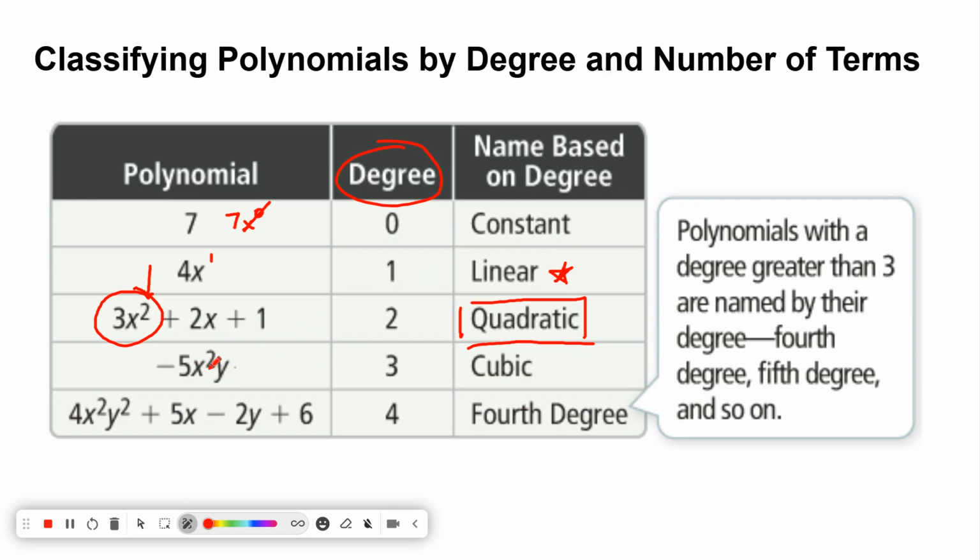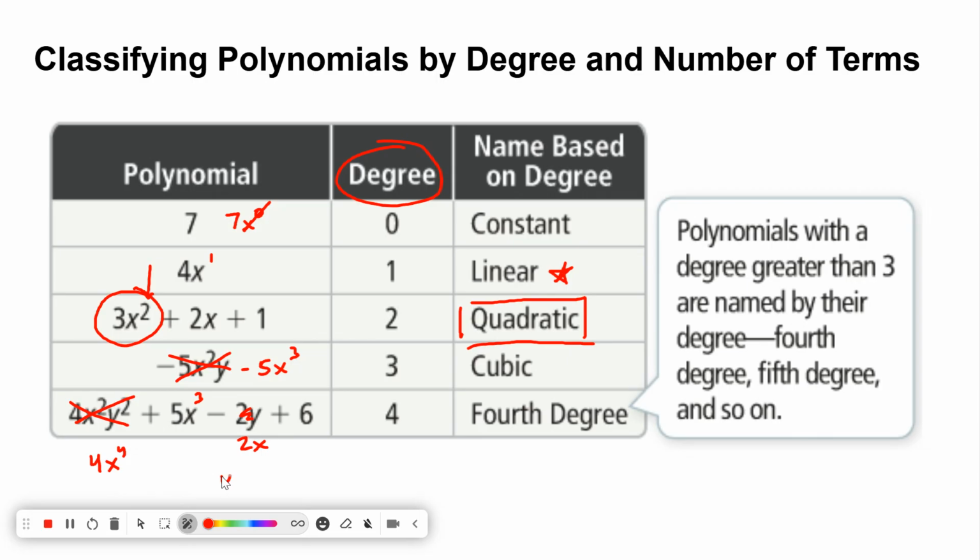Now this example for the cubic, I don't like this example, so I'm just going to change this to negative 5x to the third. So this has a degree of 3 because that's the highest exponent, and we call that cubic. And then I'm going to change this one as well. So let's change this to 4x to the fourth plus 5x to the third minus 2x plus 6.